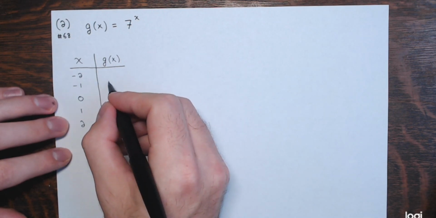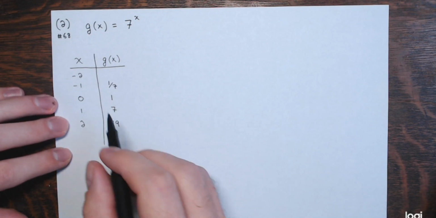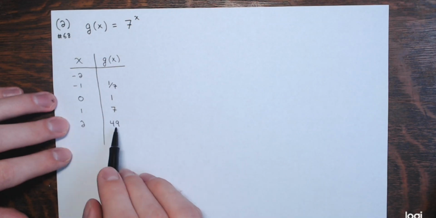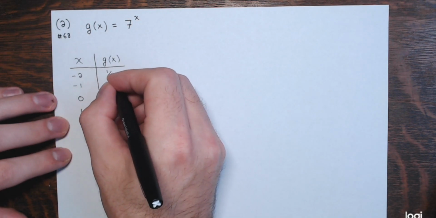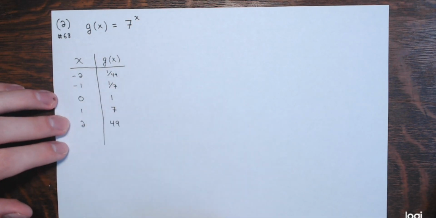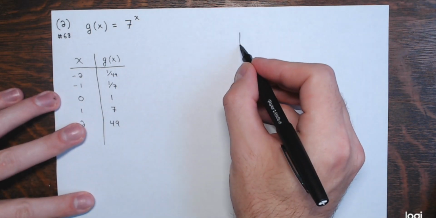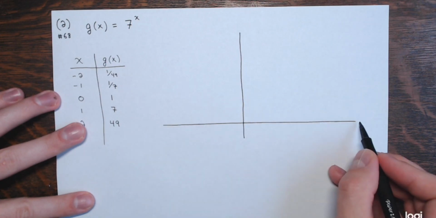That means this is going to be 1 over 7, positive 1/7. And 7 to the -2 power is the reciprocal of 7 to the 2 power. So that's 49. 7 to the -2 will be 1/49. Still positive. And again, I'm going to make a little xy plane over here.